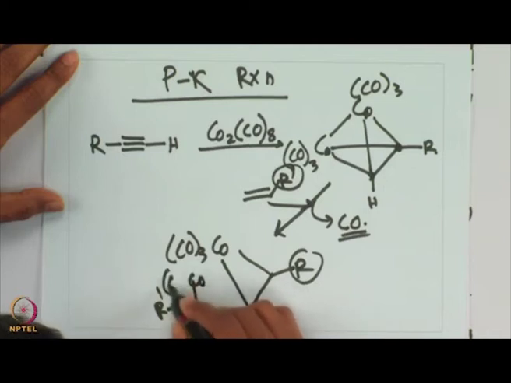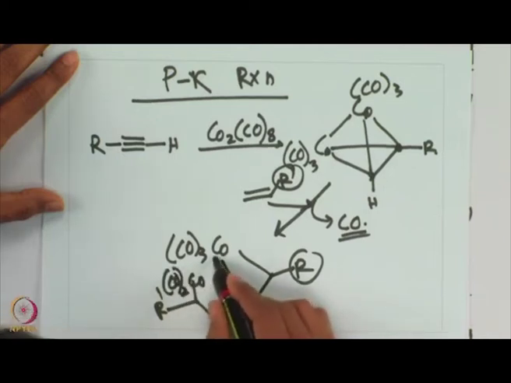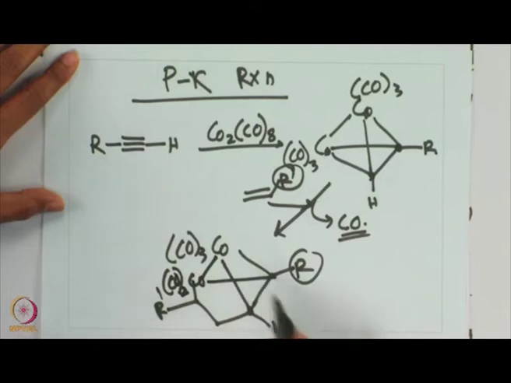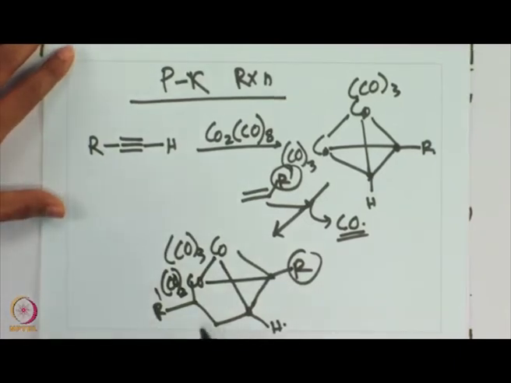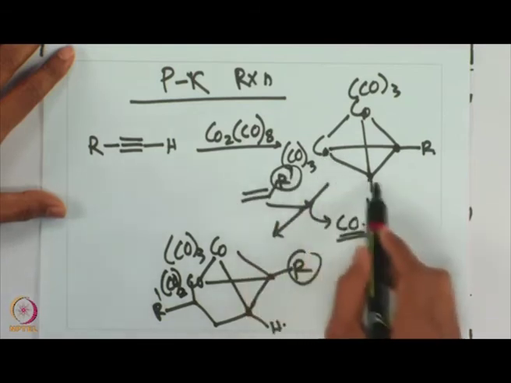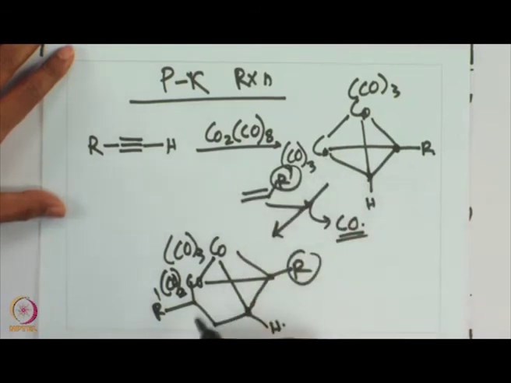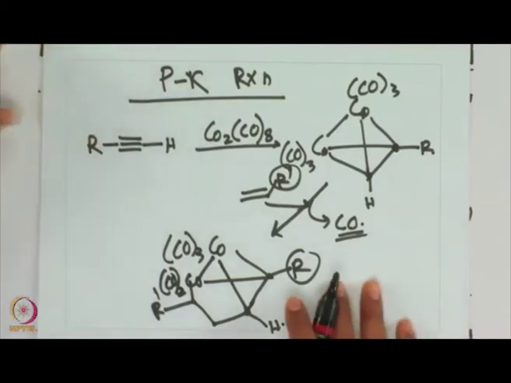We have taken this dicobalt species for this reaction, and this is the intermediate where insertion is happening. Insertion of the olefin gives rise to this intermediate, from which alkyl migration and reductive elimination will give the product. We will draw it on the next page.